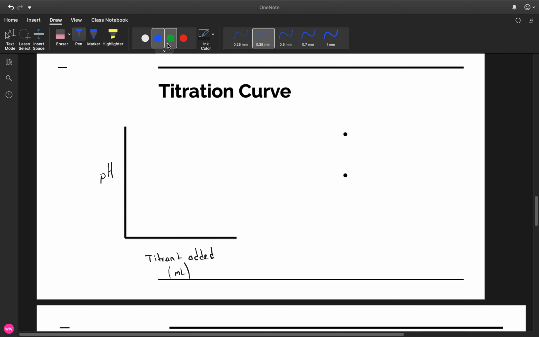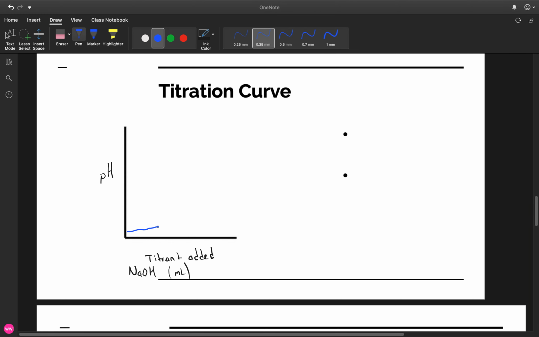And every single one of these curves looks something along the lines of this. So, for example, if our titrant is NaOH, that means we're looking at an acid. Therefore, before we add any NaOH, the pH of the solution is going to be fairly low. It's going to be very acidic.